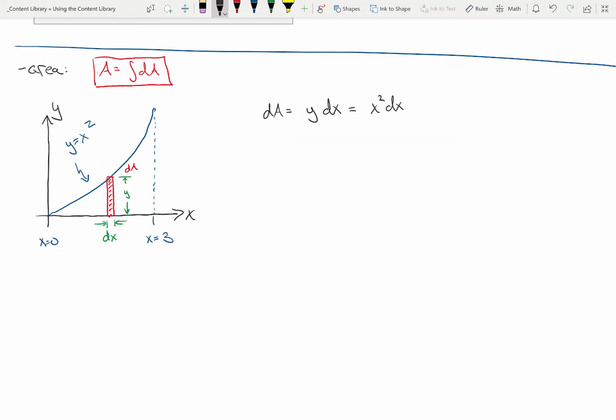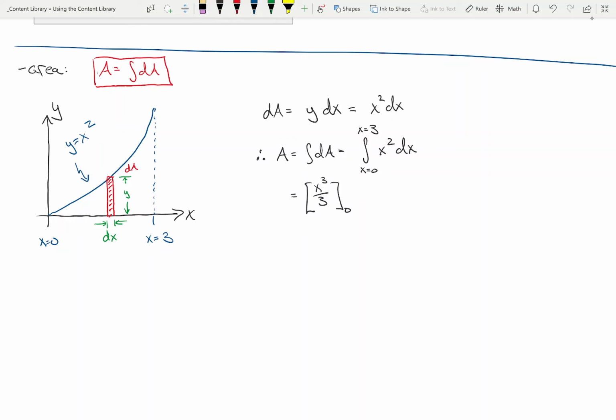So if I wanted to determine, let's say, the area, what I would do is I would essentially integrate that, right? From x equals 0 to x equals 3 of x squared dx, right? And hopefully by now this is a very straightforward calculus problem. What is the integral of x squared, by the way? X cubed over 3. There we go.